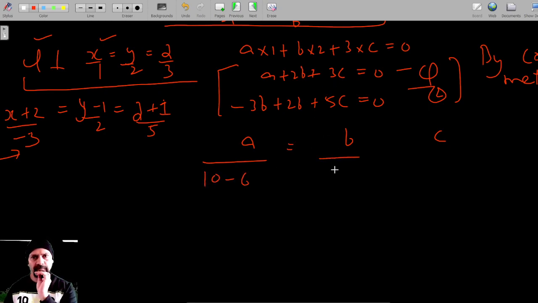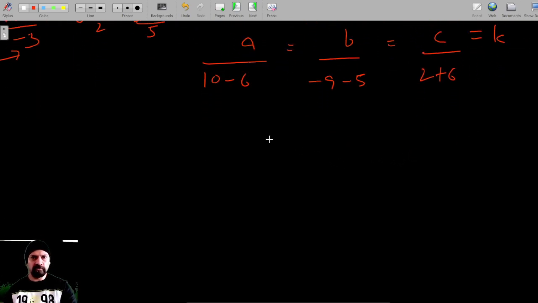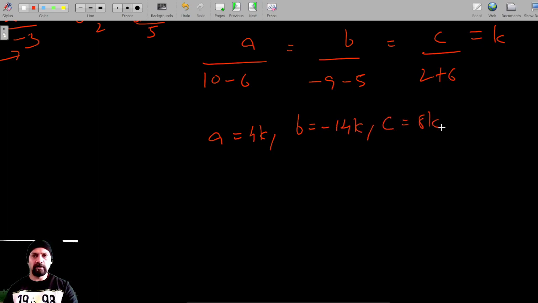Hide the b terms, which gives minus 9 minus 5 is equal to c. Hide the c terms, which is 2 plus 6. Let's say this is equal to some constant k. So a is equal to 4k, b is equal to negative 14k, and c is equal to 8k.